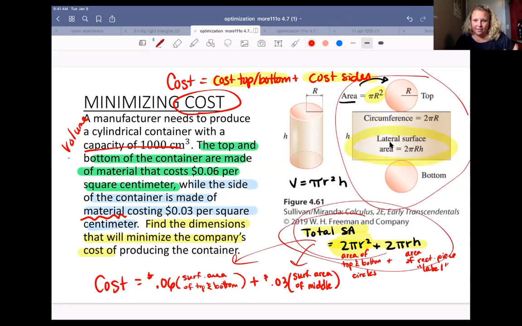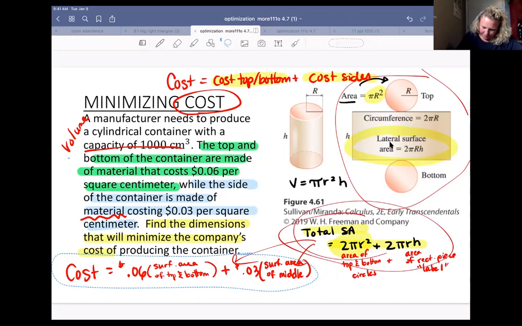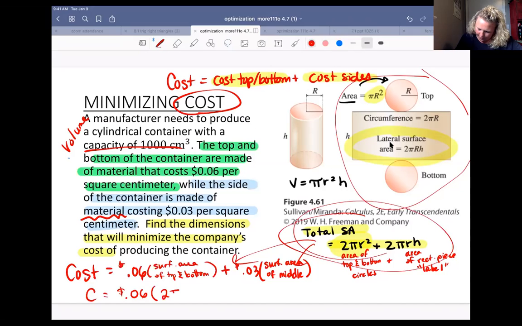So it's 6 cents for the circle pieces. And I am out of room. Wish these were bigger. Can I move you up some? Let's go here. So our cost function is 6 cents times 2 pi r squared plus 3 cents times 2 pi r h. Okay, that's the start.